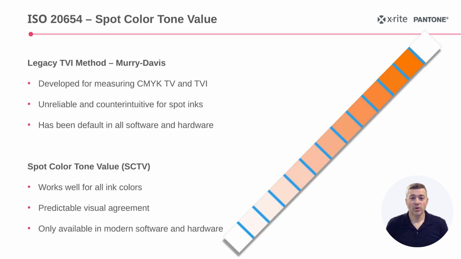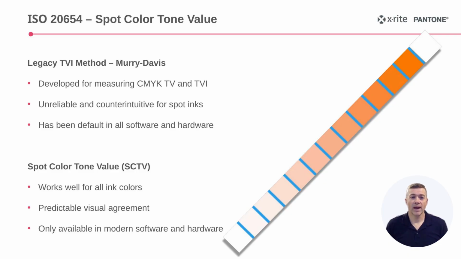Package design frequently relies on tints and vignettes of spot color inks, where precise tone reproduction is essential for maintaining brand consistency and visual appeal. However, the traditional method for measuring tone value increase, TVI, based on optical density and defined by the Murray-Davies formula, falls short in these scenarios.